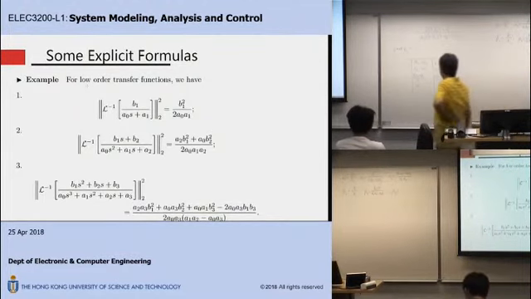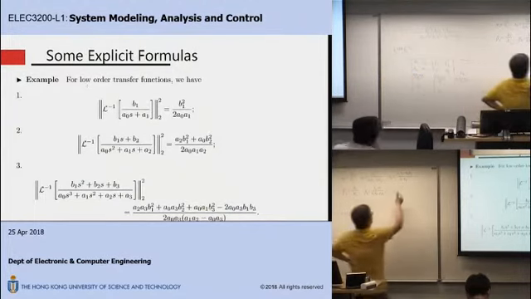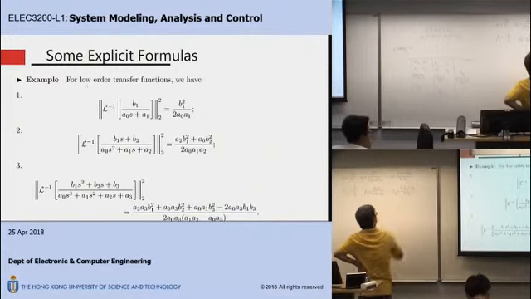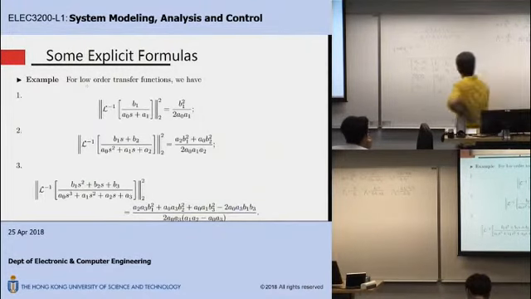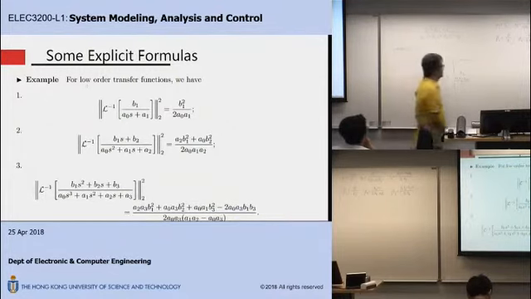Beta 3 is this divided by this, A1 B3 minus B1 A3 over A1 A3. You get all the alphas and betas.